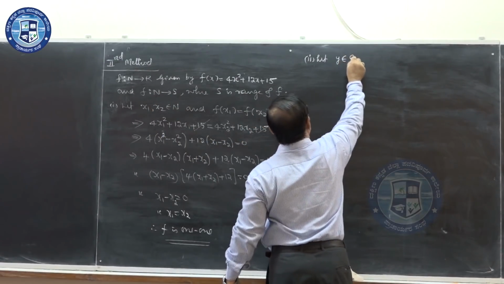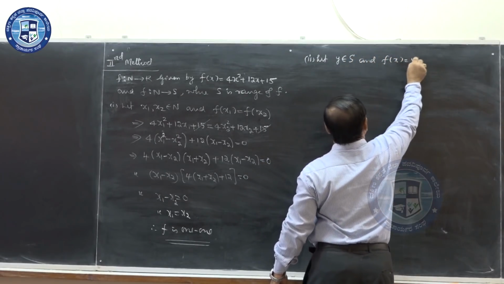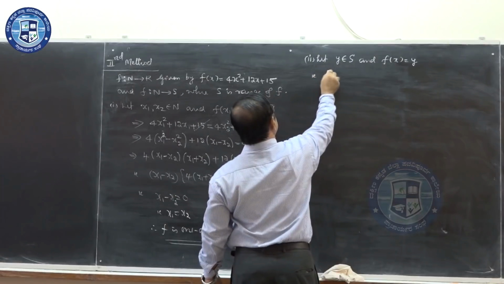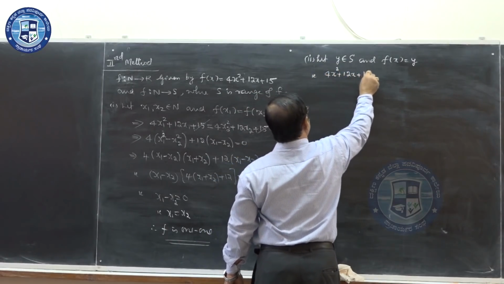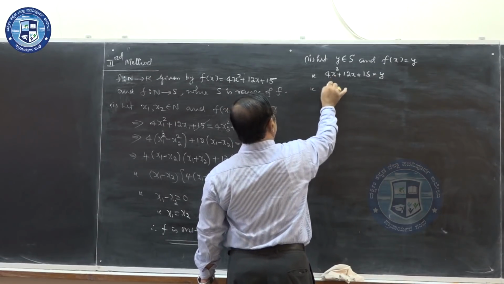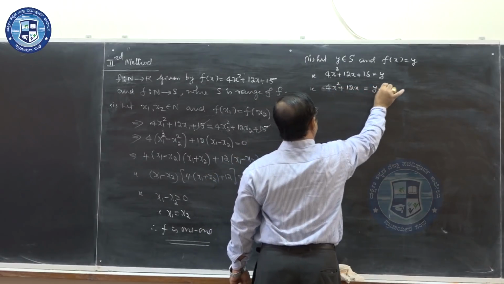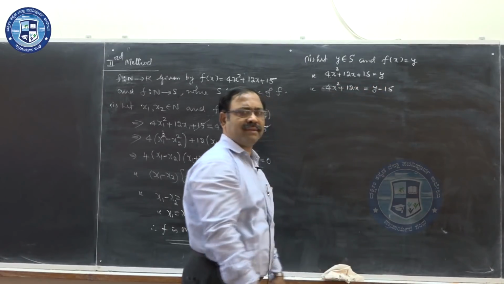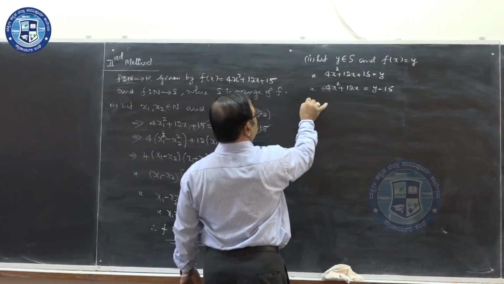So, let y belong to S and f of x equal to y, that is 4x square plus 12x plus 15 is y. Now, the usual method: 4x square plus 12x equals y minus 15. I have just done this in the first method, that is completing the square.